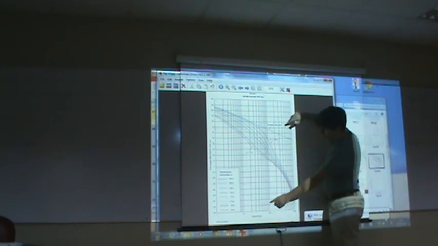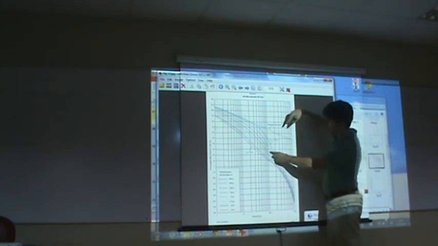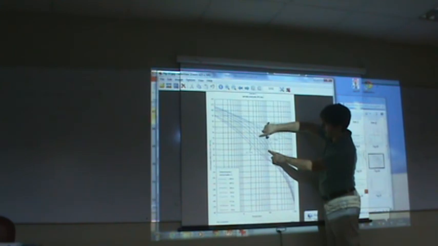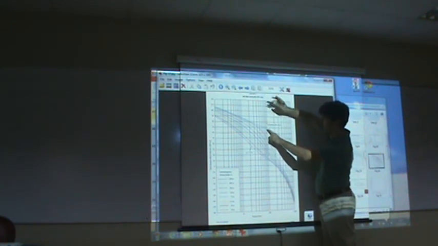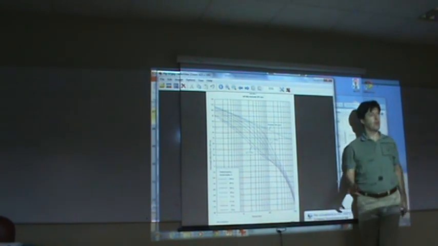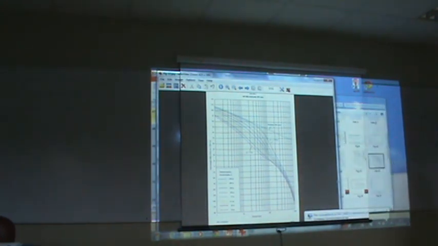So, at 100 kilometers, what is the difference between our actual curve and the free space? It is 10, 20, 30, say 37 dB. So the actual signal will be 37 dB smaller than the free space value, which is almost a factor 10,000, almost.